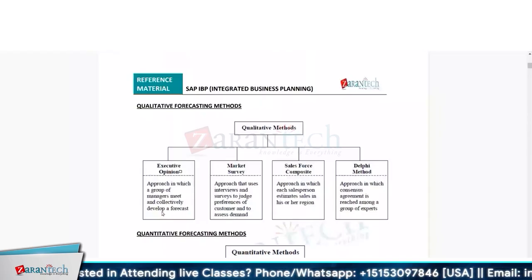Then the next method is the market survey, which talks about an approach wherein the end customers are interviewed to identify the demand. This typically happens for a new product.